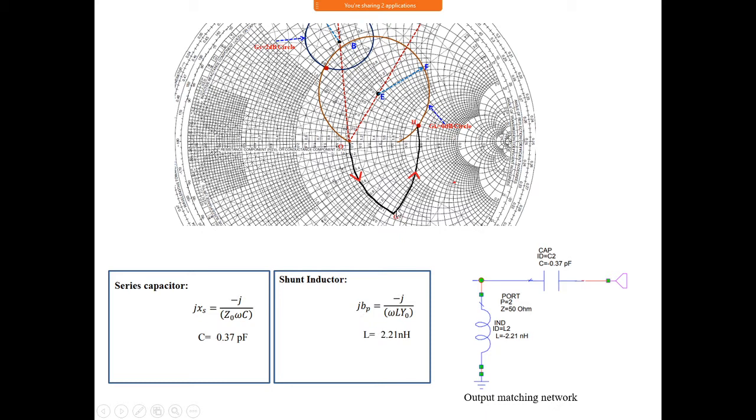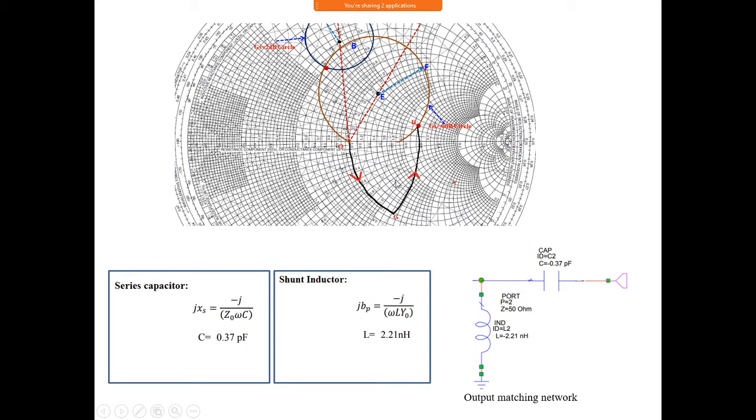Next, from here we move on the constant conductance circle, again in the anti-clockwise direction, which adds an inductor in parallel, a shunt inductor, from here to here.